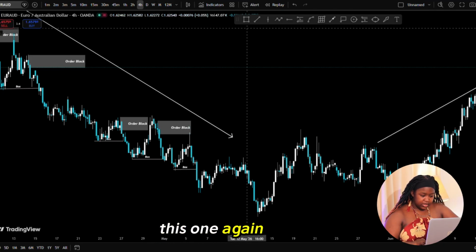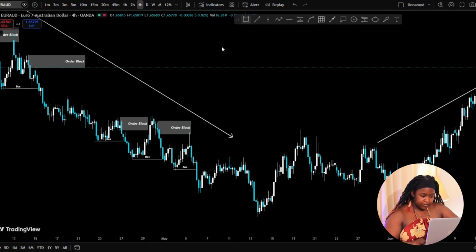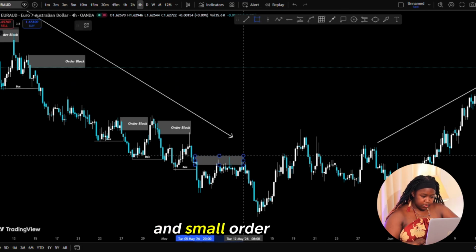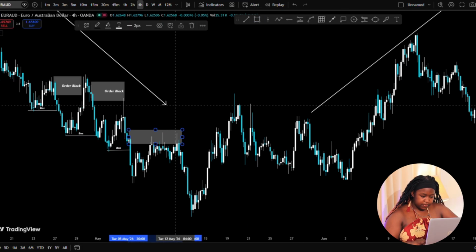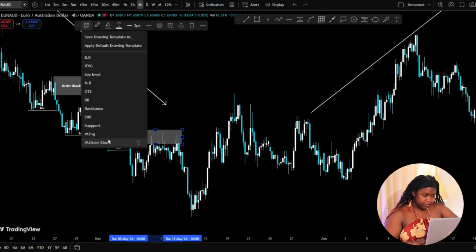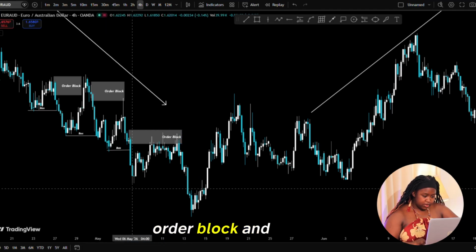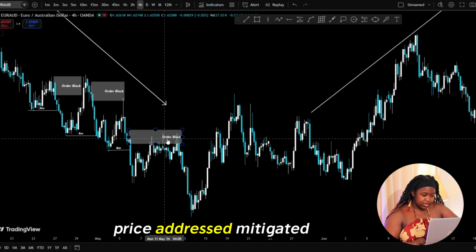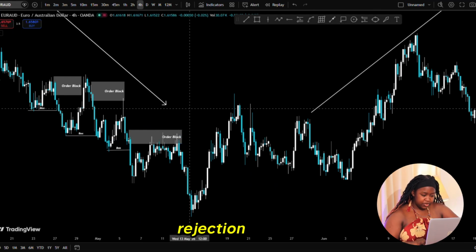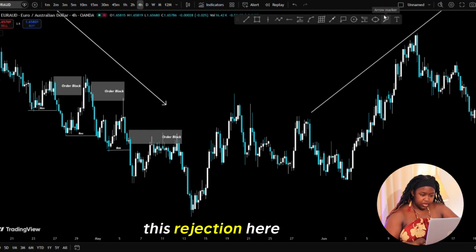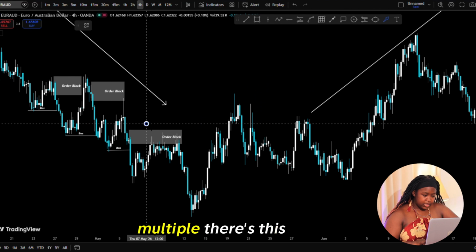On this one again, we had a small order block down here. So that's an order block, and as you can see, price retraced, mitigated it, though with rejection. You can see this rejection here, multiple.